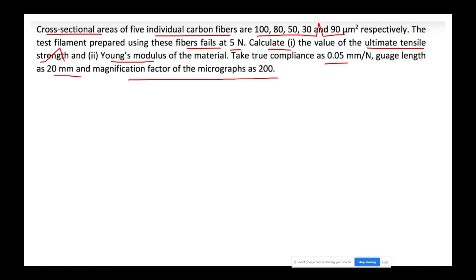Firstly, you have to identify what the question is saying and what you have to find out.